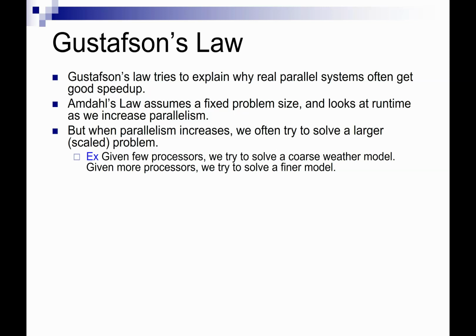You're not going to try to do a very complex simulation. However, as I give you more processors, you want to make good use of those processors, and you can do that by solving a more detailed simulation. You're making the simulation more complicated, so you're actually increasing the problem size.